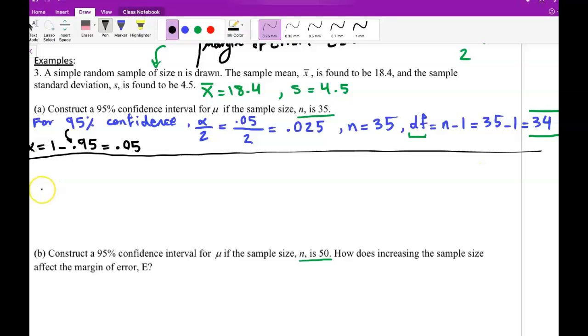Okay, now finding t value. So t, now we have degree of freedom, and I'm using alpha divided by 2. So degree of freedom is 34, and alpha divided by 2 is 0.025.